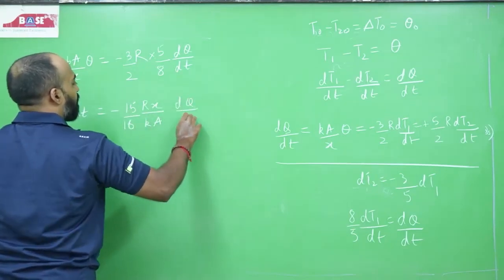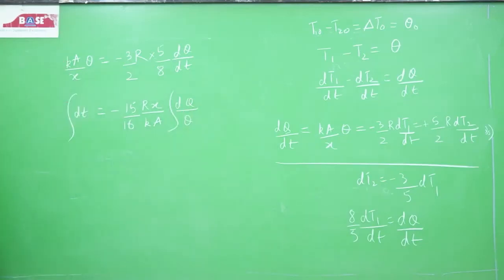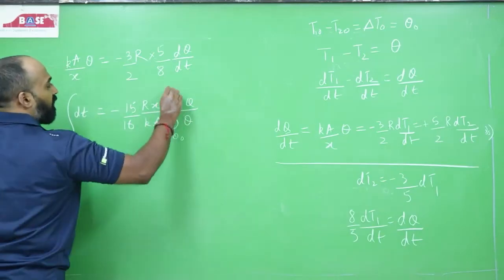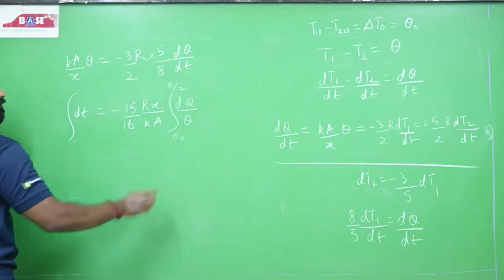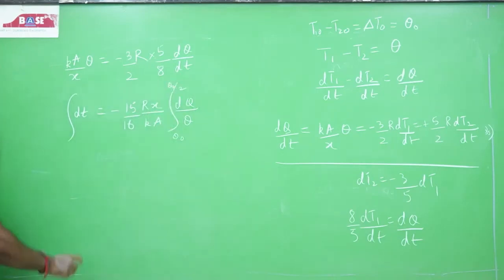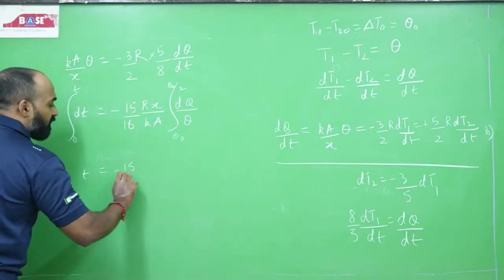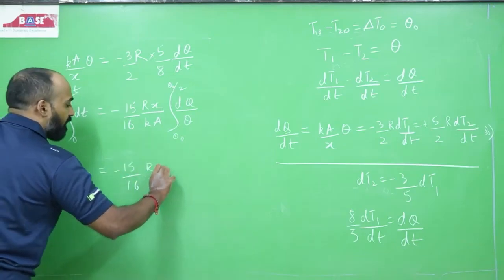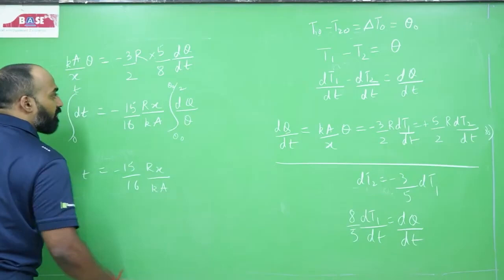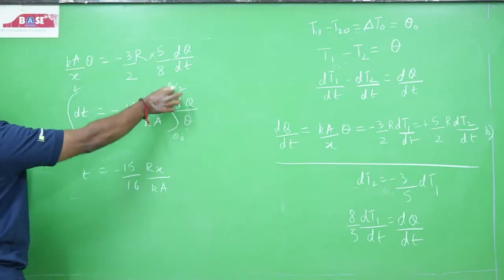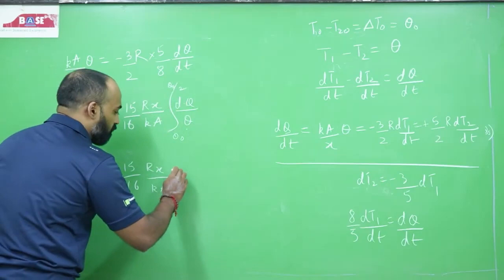Once you see this, you must be able to recognize quickly that this is initially some theta naught. We want to find out how much time it takes to drop to half the initial value. The time t is minus 15 by 16 R x by KA, ln, upper limit, lower limit, you get a ln of half, which is minus ln of 2.